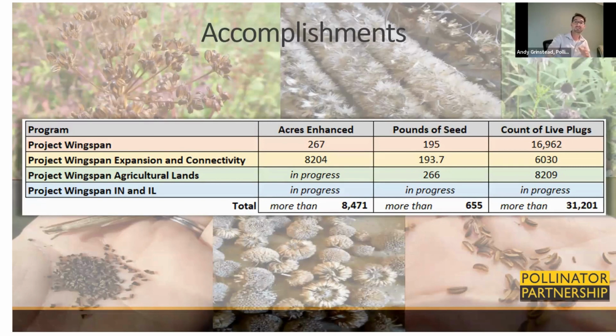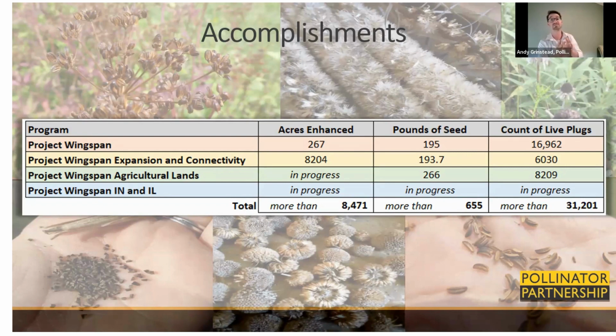So in looking at program successes, I think we can show that we've really done quite a lot. I show here the acres enhanced as a result of this program. Next is the pounds of cleaned seed. So remember I said that seed was really small, and it's fun to think about how much of that can fit into a packaging box.